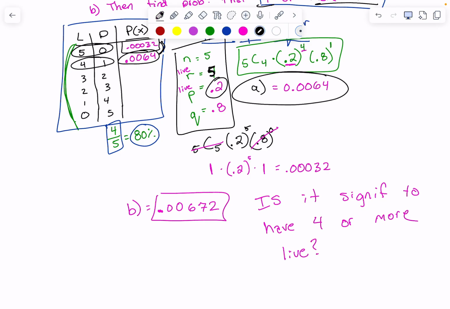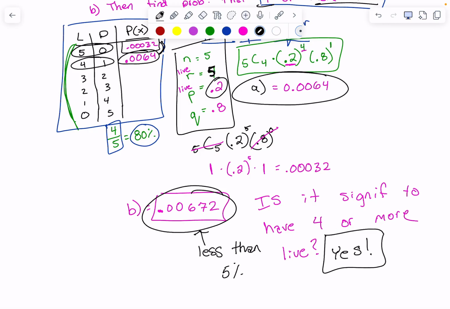Why? This is less than how much? 5%. What do we go off of? It's less than 5%. That's way less. That's less than 1%, right? So yes, it is a significant event. Yes, it is rare for that to happen. So when they ask you further questions, yes, it is a rare event.